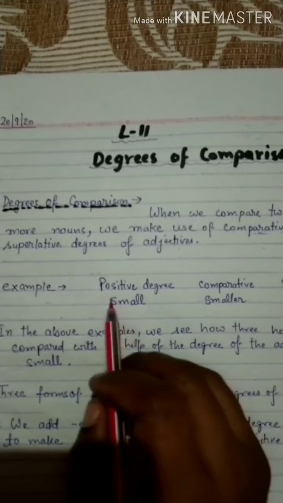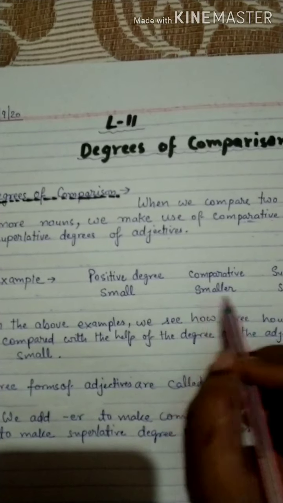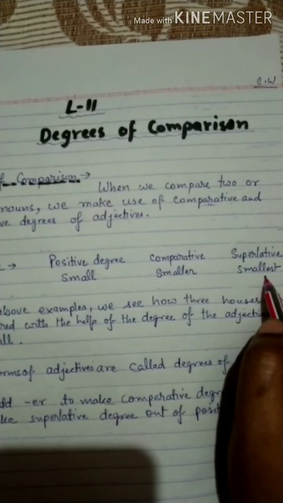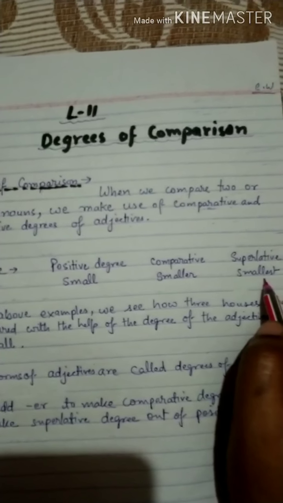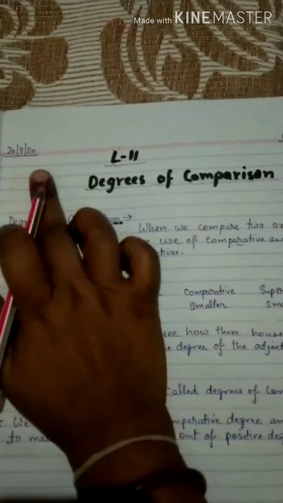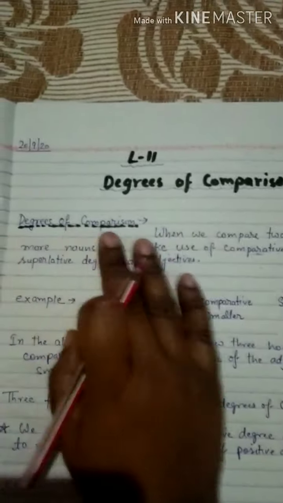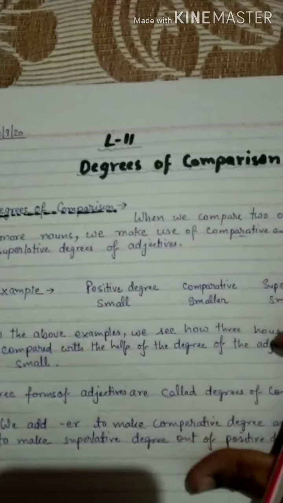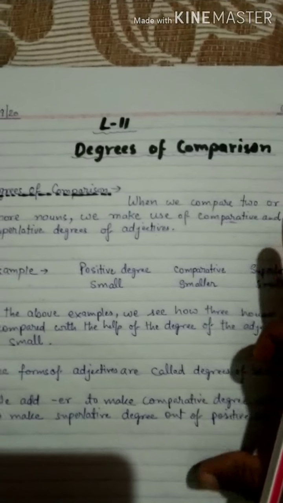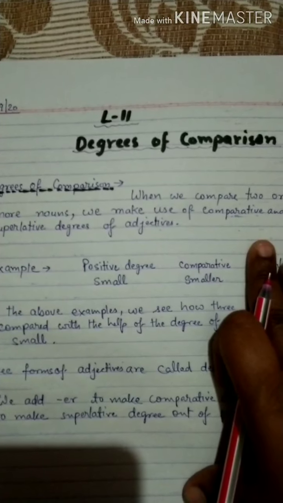If a positive degree is given, you can add ER to change into comparative and add EST to change it into the superlative degree. Students, you have to mention today's date, lesson number, lesson name and the heading like this, and complete the whole work as I have completed in this copy, in the fair copy of your English language.